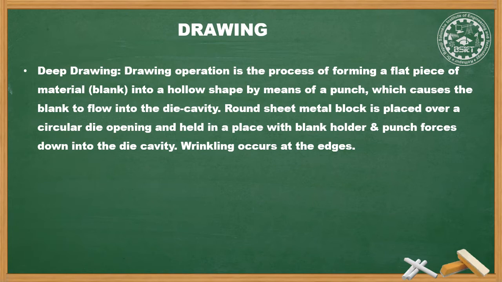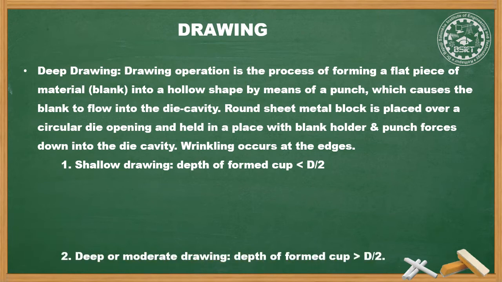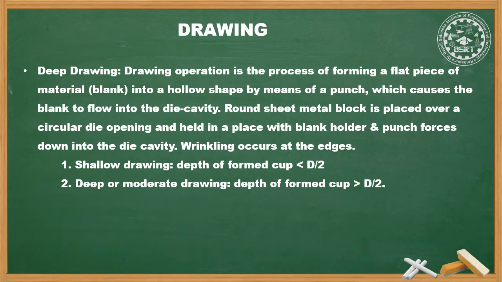A round sheet metal blank is placed over a circular die opening and held in place with a blank holder, and the punch forces down into the die cavity. If the H by D ratio is less than 0.5, it is called deep drawing. If the H by D ratio is greater than 0.5, it is called shallow drawing. So there are two types of drawing: shallow drawing and deep drawing.